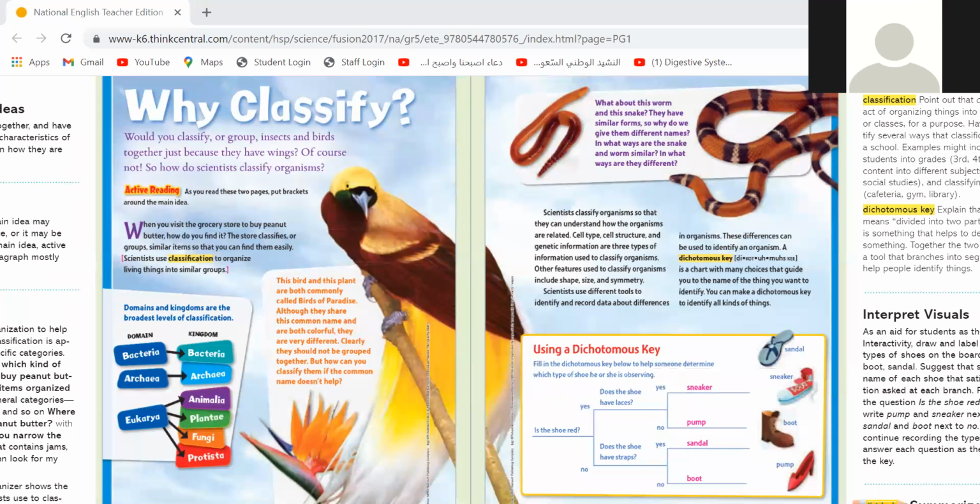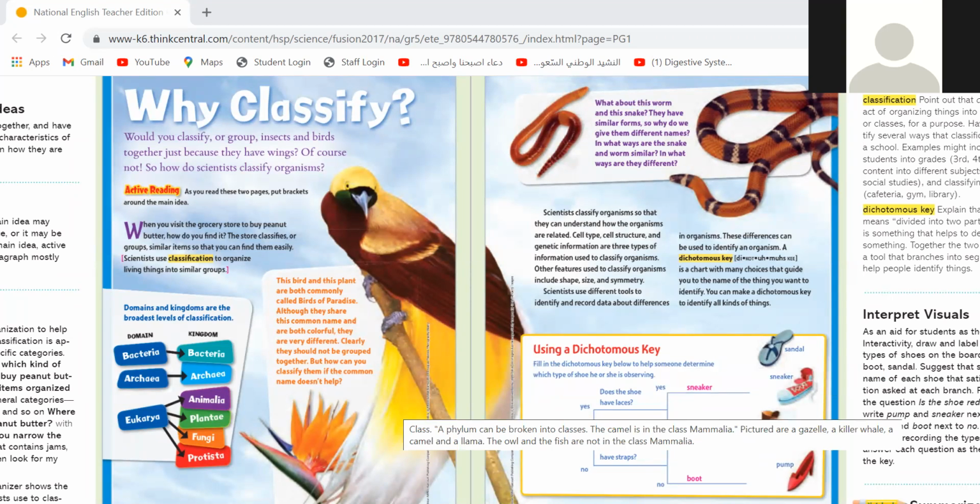What other classes would you know, if there is Mammalia? Okay, mammals. Mammalia is the Latin word. What other classes would you recognize, guys?